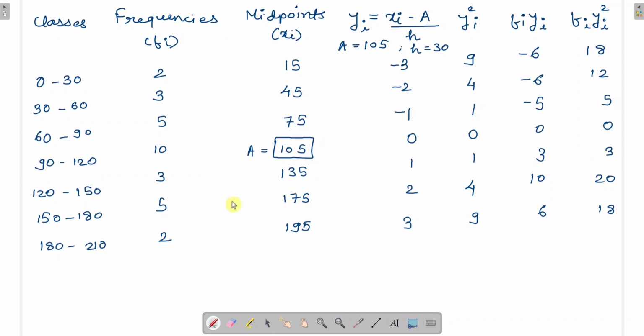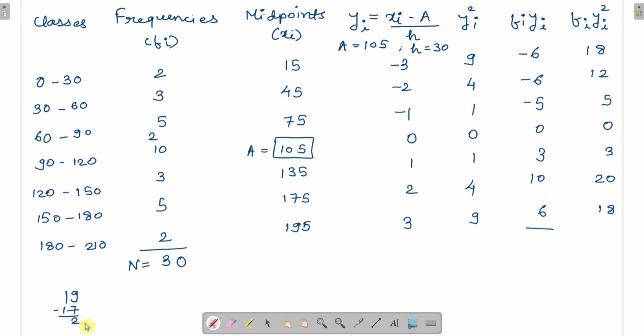Okay, now we will find the sum of frequencies first. That will be nothing but capital N, which is equal to 2 plus 3 is 5, 5 plus 5 is 10, 10 plus 10 is 20, 20 plus 3 is 23, 23 plus 5 is 28, 28 plus 2 is 30. So N is 30. Then we have to find the sum of Fi Yi. 10 plus 3 is 13, 13 plus 6 is 19, and minus 6 is 13, minus 6 minus 5 is 2.